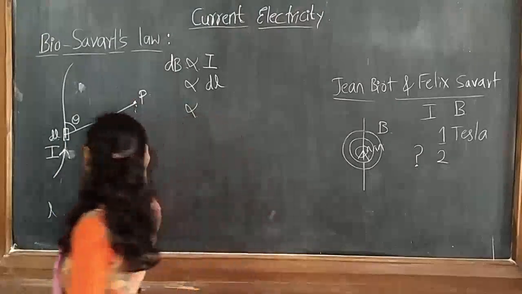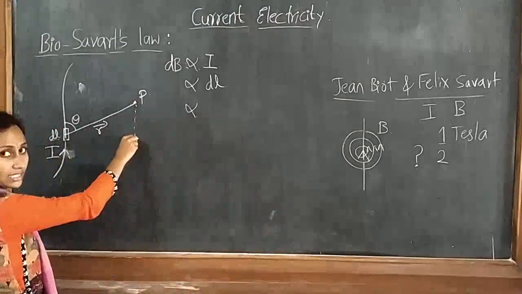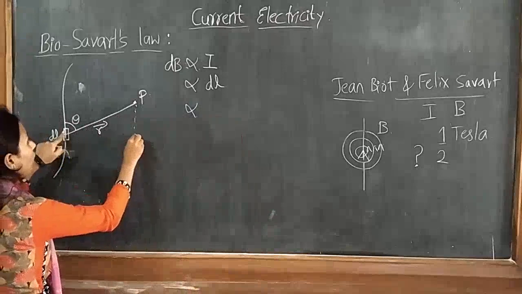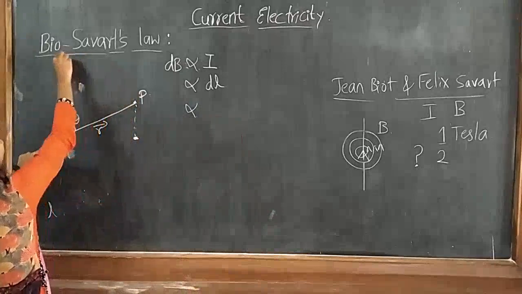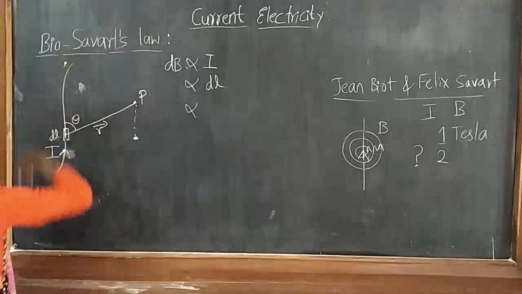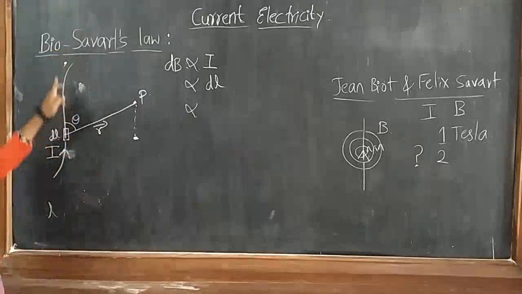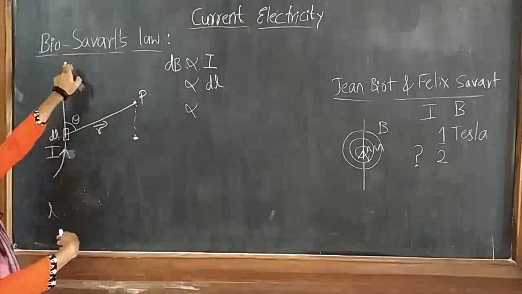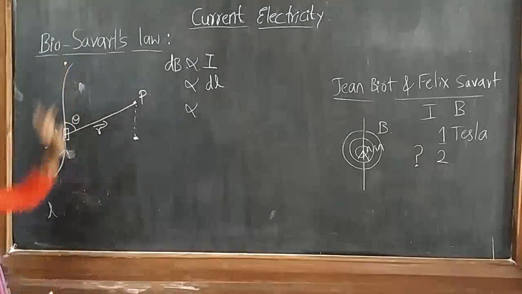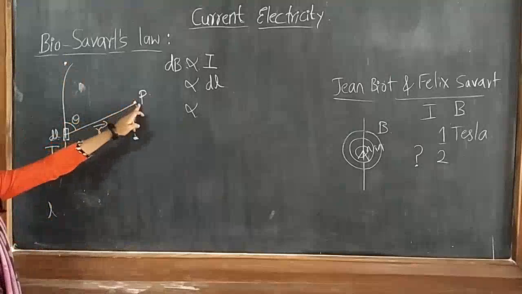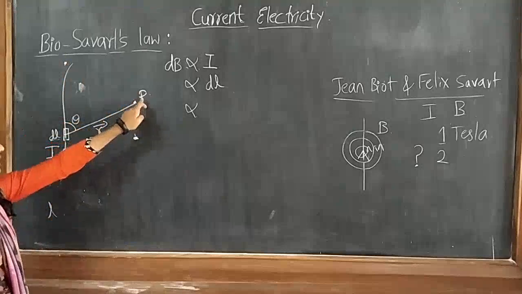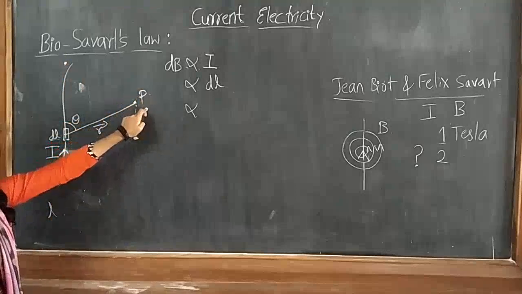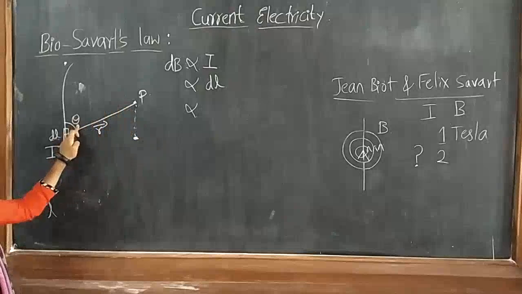When it is here, it is producing the maximum magnetic field, and when it changes its position, the angle changes, and when it comes here, the magnetic field keeps decreasing, and it will be zero at this point. So from this we can tell the magnetic field here is completely depending upon the angle.